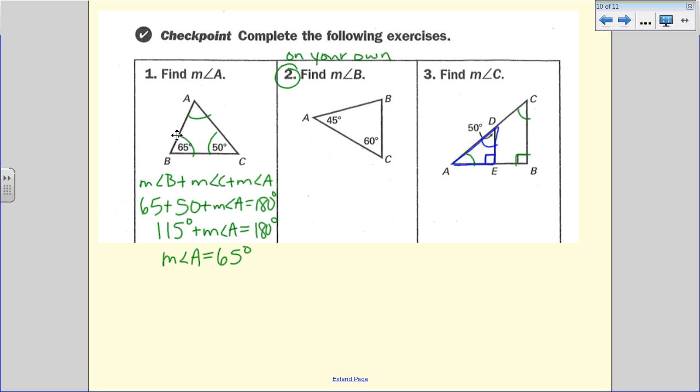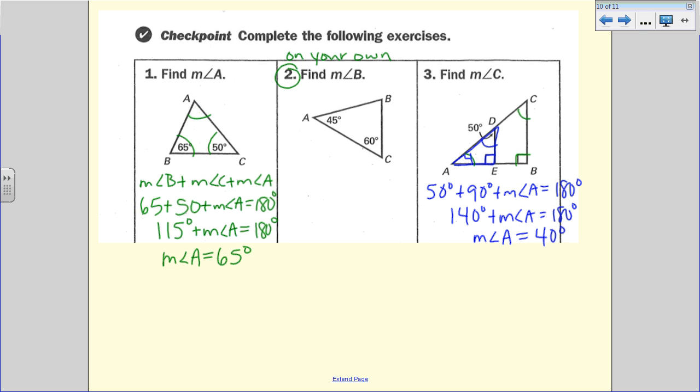What we're going to look at here is that 50 degrees plus 90 degrees plus the measure of angle A has to equal 180. So I'm going to find the measure of angle A, and so I know that 140 degrees plus the measure of angle A is equal to 180 degrees. I find the measure of angle A is equal to 40 degrees when I subtract that.